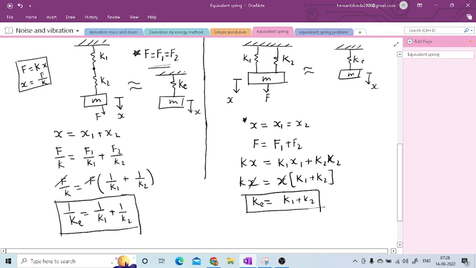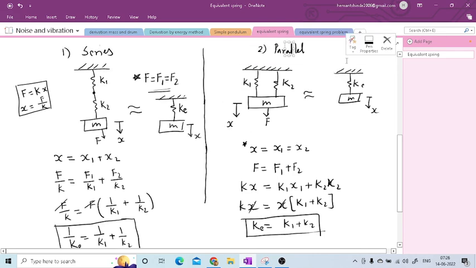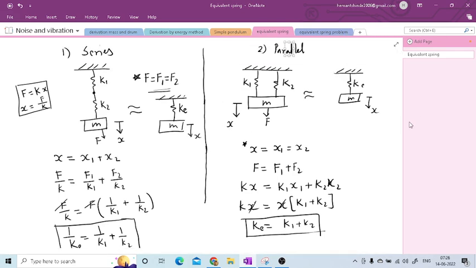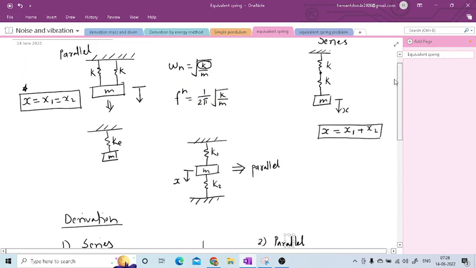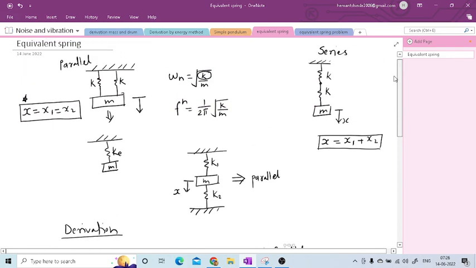So we have reduced the parallel combination into one spring. Why we require that, we have seen earlier. This equivalent spring concept is required to determine the frequency of the system, so we have to convert into a single spring.